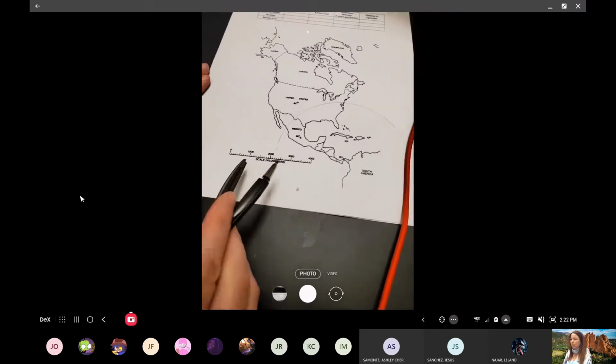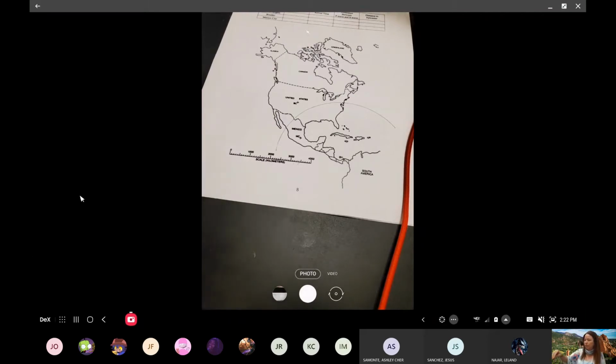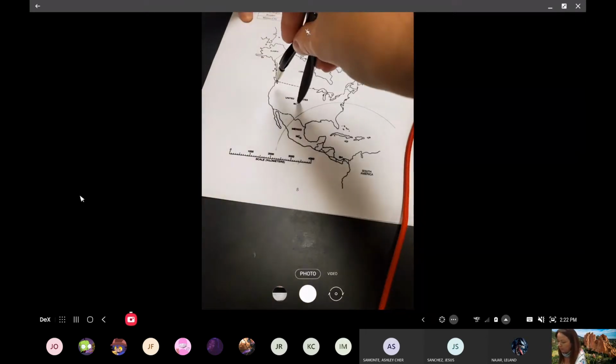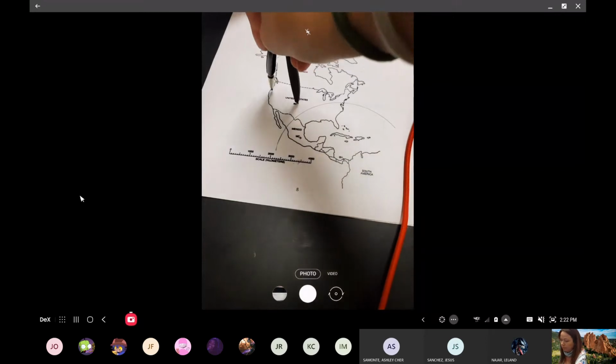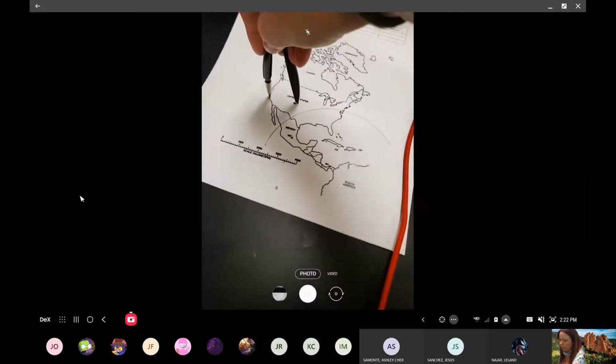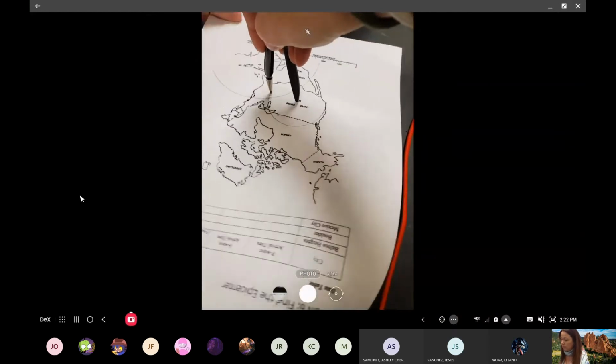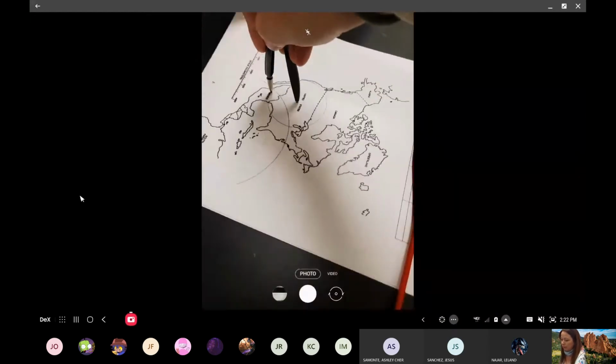So I just had my pin on 0 again. And now I'm going to make a radius or a circle with my 1,600 kilometer radius. Again, this is super awkward. I'll probably end up disconnecting my phone. Yeah, maybe not. I might be lucky.